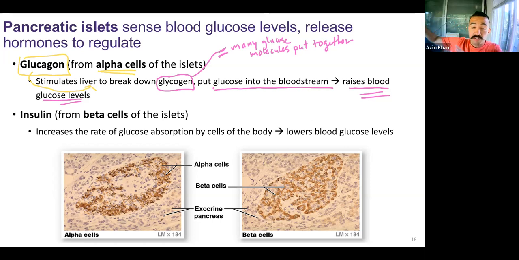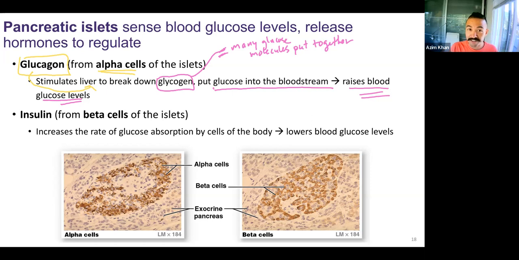Now that you have glucose in your bloodstream, whether thanks to glucagon or because you've eaten food, your cells don't immediately take glucose in. Glucose, if you remember, is a non-penetrating solute. It can't just pass through the plasma membrane. You need a special membrane transporter on those cells to let glucose come in. But you don't always have those membrane transporters in the membrane.